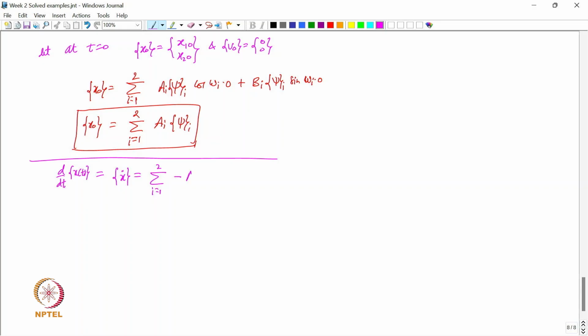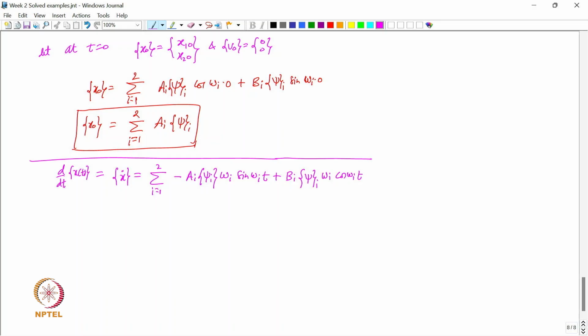So, you have minus A I psi I omega I sin omega I t plus B I psi I omega I cos omega I t, correct. Differentiation of sin omega I t is cos omega I t.